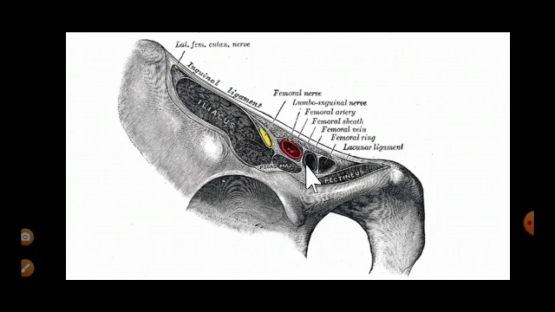So laterally we have the femoral vein, anteriorly we have the inguinal ligament, medially we have the lacunar ligament, and posteriorly we have the pecten pubis, and lower down it will be the fascia covering the pectineus.